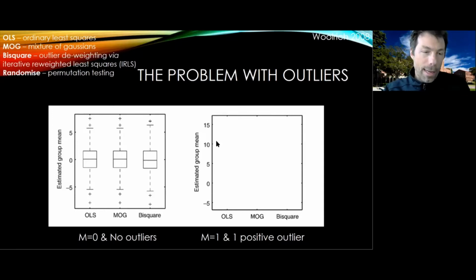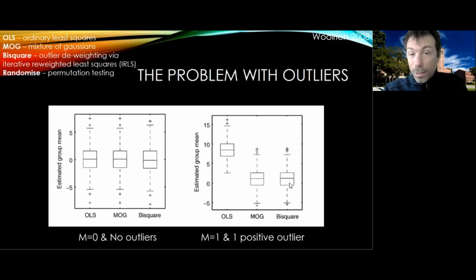So the first example is if you have no effect, or a mean of 0, and no outliers, the estimated group means you can see are pretty much the same across OLS, the mixture of Gaussians, or the bi-square iterative approach. And here randomize is not shown. Now, what happens if the mean is 1, and then we also have a positive outlier?